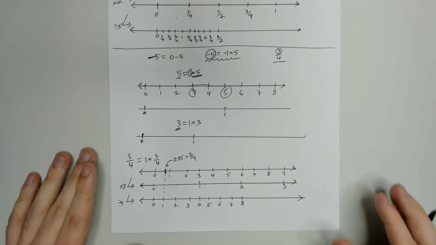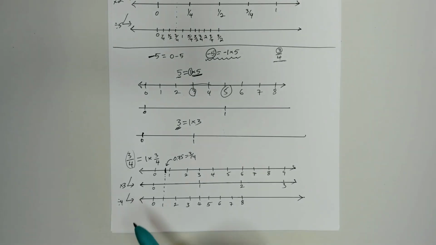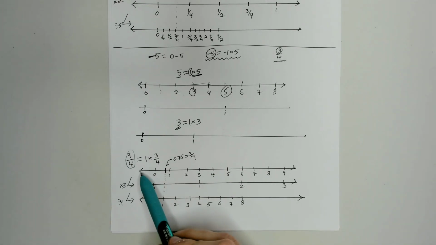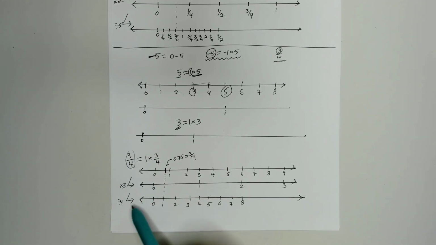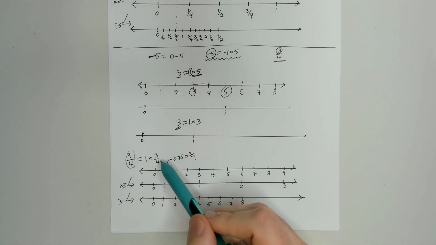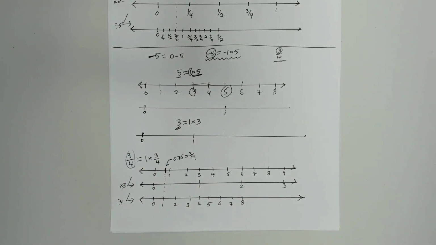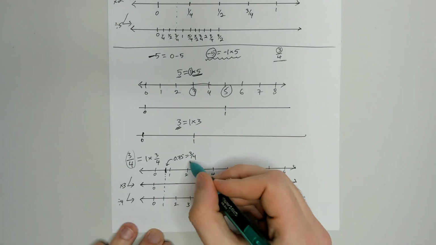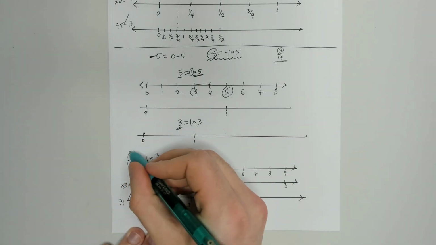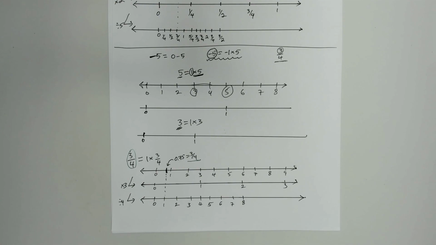So again, it's a really subtle idea, but we're seeing 3/4 as being basically the actual transformation where we stretch the number line out by 3 and then we divide by 4, and then it's just wherever 1 lands, and where 1 lands is also the 3/4. So we both get the number idea of 3/4, but then we also think of 3/4 as purely a transformation.